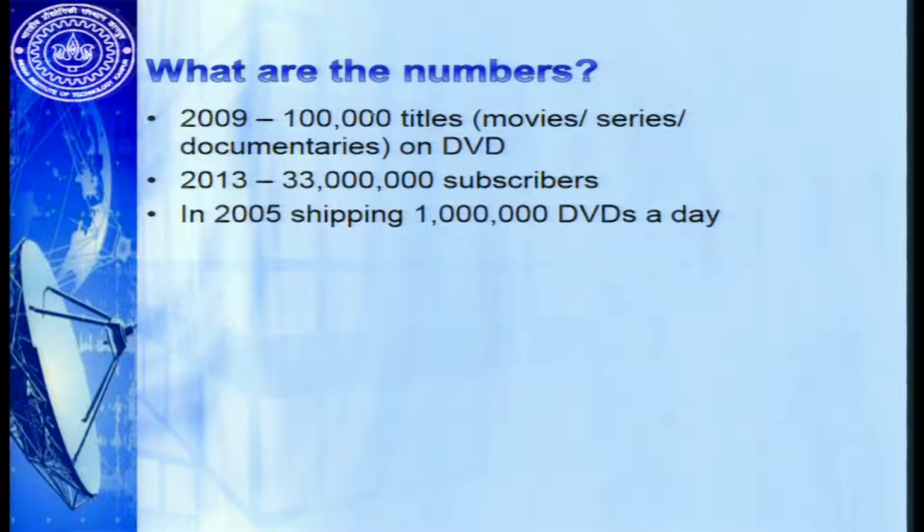So, what are the numbers now? In 2009, Netflix had about 100,000 titles, and in 2013 about 33 million subscribers. In 2005 it was shipping close to 1 million DVDs a day.